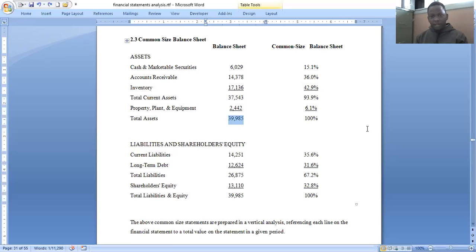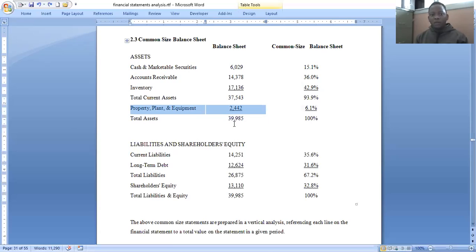It will give us 93.9%. And the same case with plant and equipment, the ratio is 6.1%, which is equal to property, plant and equipment divided by total assets.